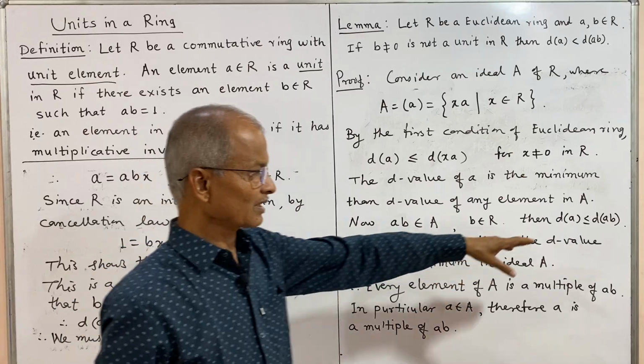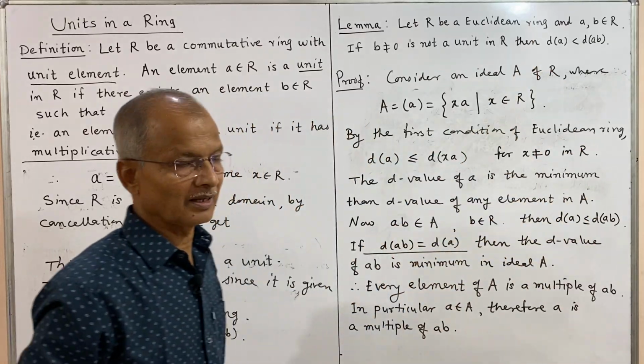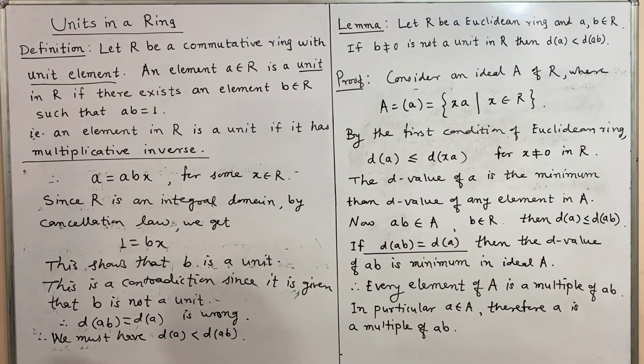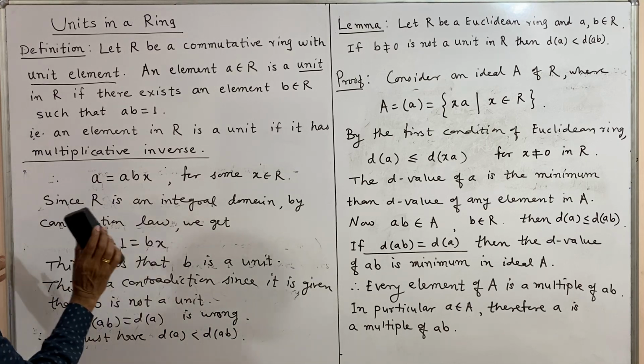The equality possibility is discarded, and this proves the lemma. So thus we have proved the lemma if B is not a unit.